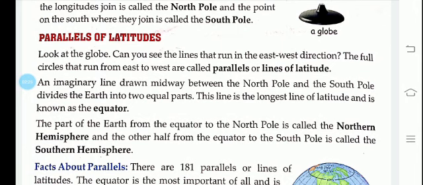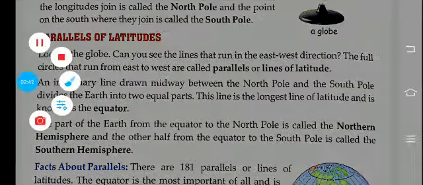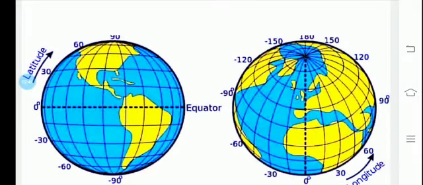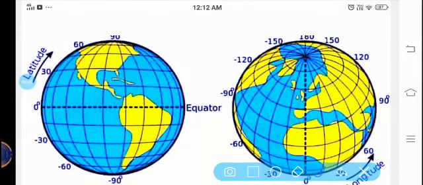The part of the earth from the equator to the North Pole is called the northern hemisphere, and the other half from the equator to the South Pole is called the southern hemisphere. Again, with the help of the picture we can clearly come to know. This is the equator and the part above it is the northern hemisphere.